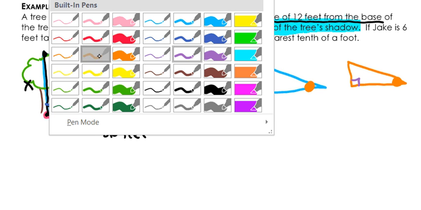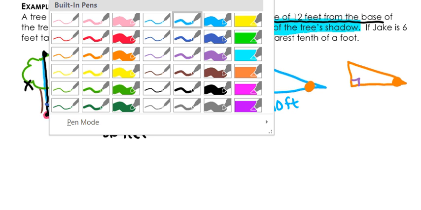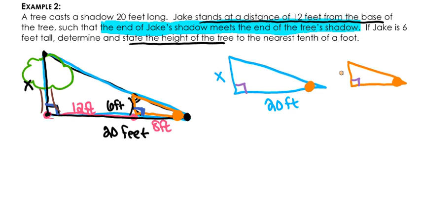But I'm going to go ahead and label my triangles first. So in my larger blue triangle, the left side of that is x. The length of the whole bottom is that entire 20 feet. In the orange triangle, we've got Jake, which is 6 feet tall for the left side, and then the bottom side, which is 8 feet.